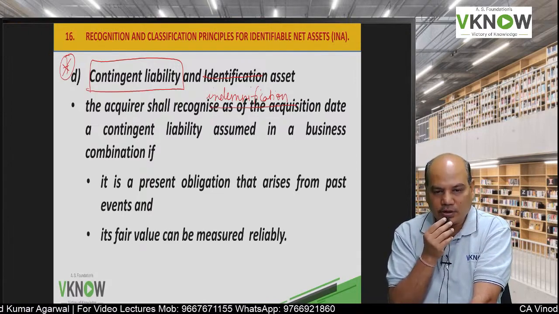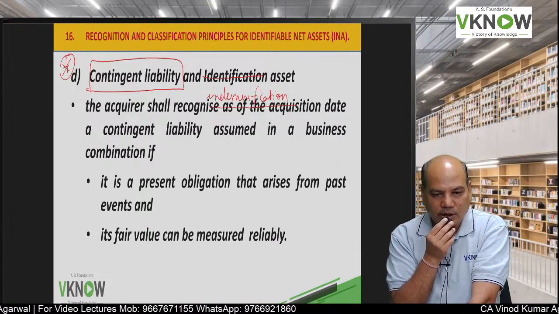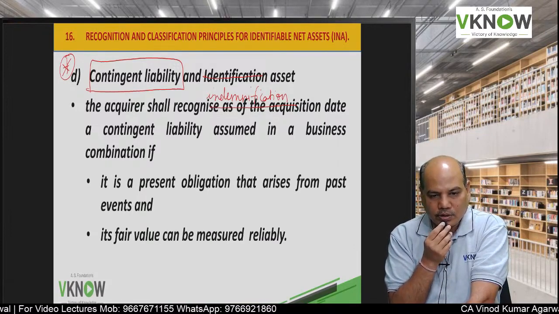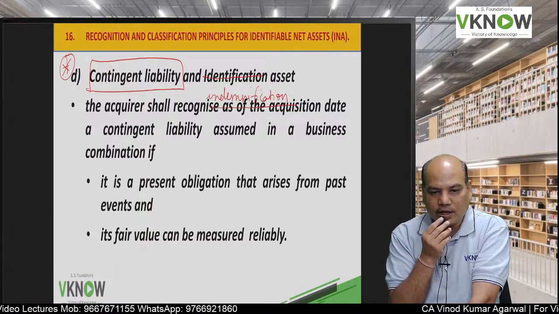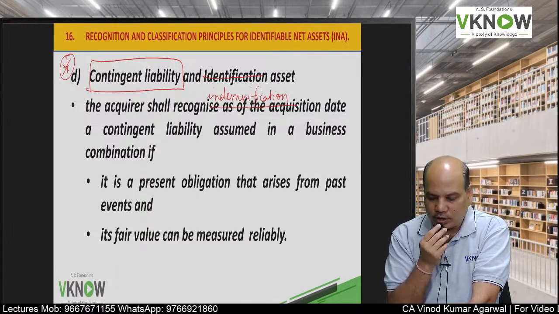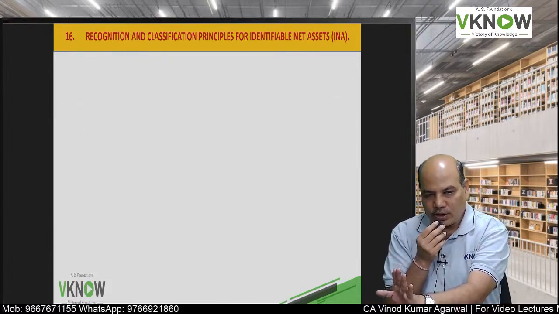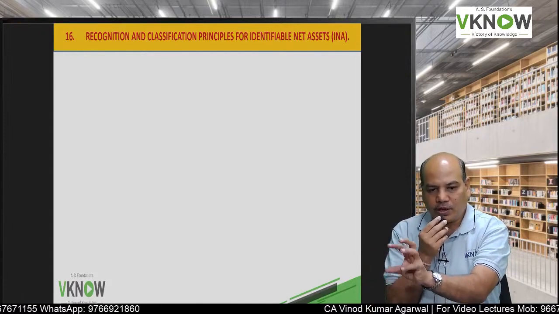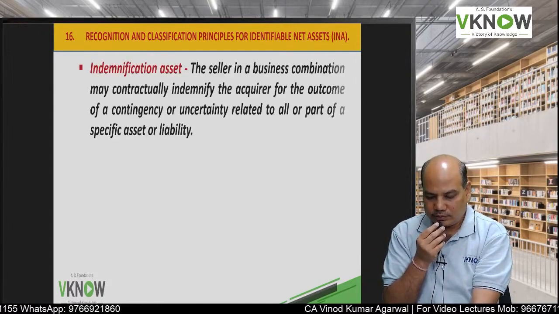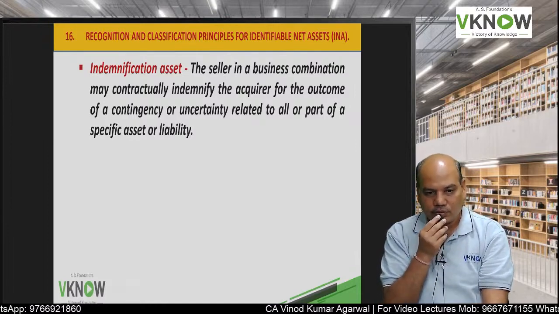And second condition is its fair value can be measured reliably. Then this contingent liability will also be shown as a liability in the books of acquirer. So the condition is there must be a present obligation arising out of past event, and second is whose fair value can be measured reliably.